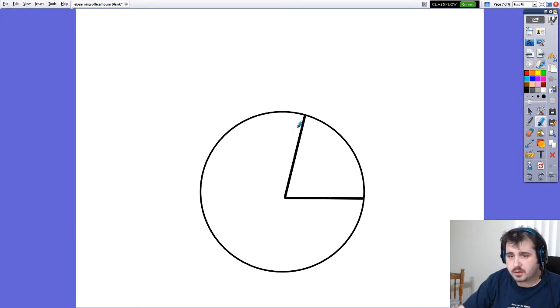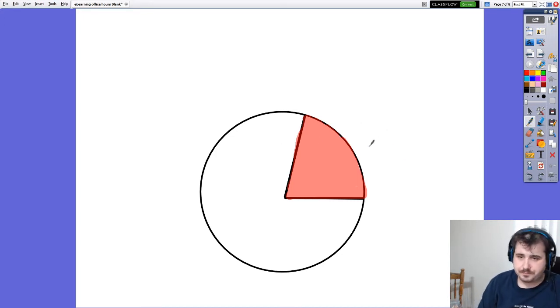This is what we were doing earlier. So if we know our angle and our radius, we can figure out the area of the sector.